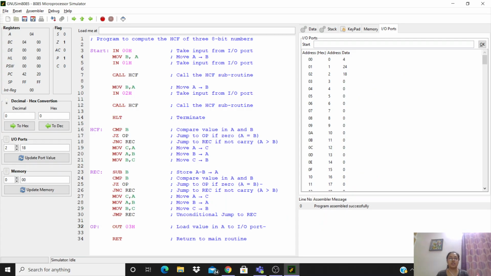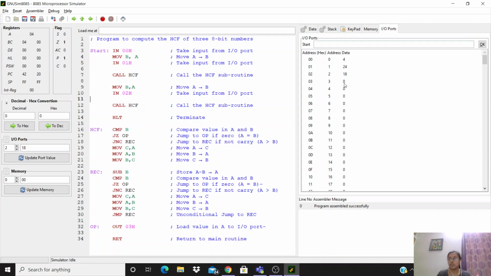So here is the code of calculating HCF of three 8-bit numbers. This one is the main routine that we discussed, which is the input and output routine, and where we are calling HCF twice. So it's three 8-bit numbers. So we'll be calling HCF twice over here and over here. The HCF subroutine, this one, is what it was in the two 8-bit number example.